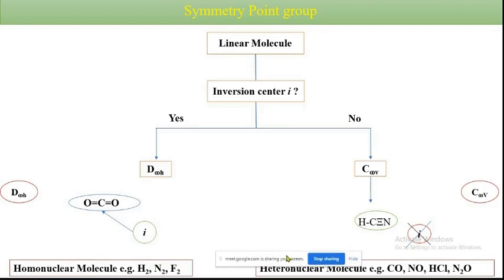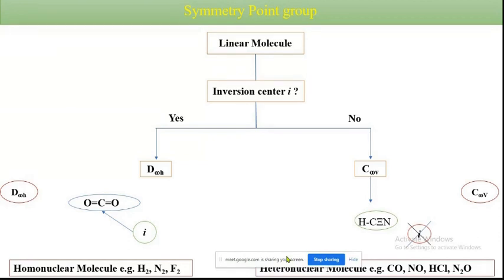So if in the exam someone asks a question related to point group, the first job is to segregate the molecule as linear or non-linear. If it is linear and has a center of inversion, then it will have D infinity h point group, and if not, then it will have C infinity v.